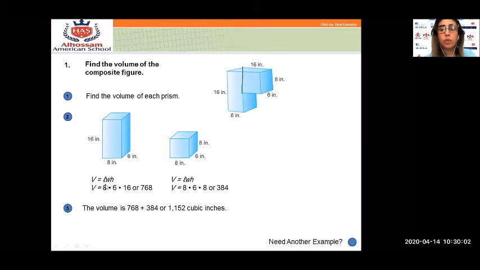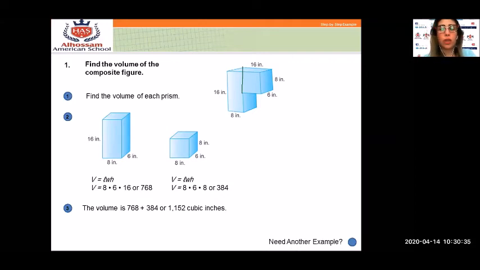It's length times width times height, and the volume at the end is 768. 8 times 6 times 16 for the first shape equals 768. And for the second shape, the answer is 384. I will add them together at the end. This is the total of the volumes of the two shapes, Khalid. Okay, thank you so much.